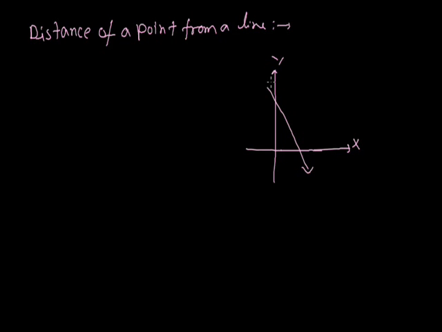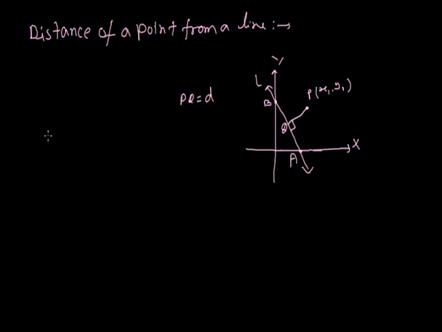Now a line L like this, suppose this point is point B and this point is point A. Now here a point P. The coordinates of point P are x1, y1, and if you want to find the distance of this point P from this line, then first of all we have to draw a perpendicular from point P to line L. Suppose this point is point Q, which is the foot of the perpendicular, and suppose PQ is equal to d.